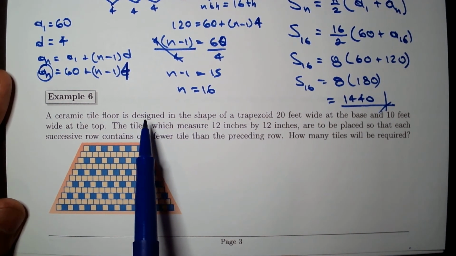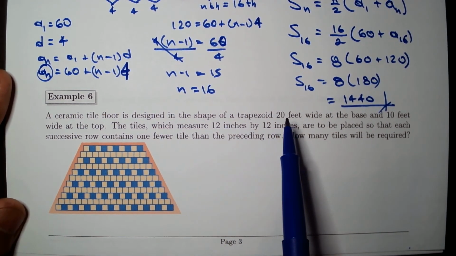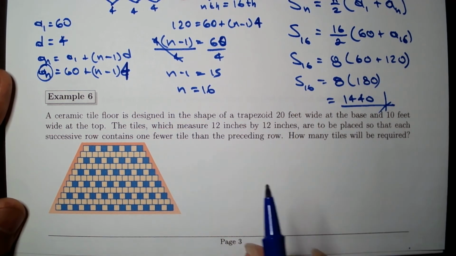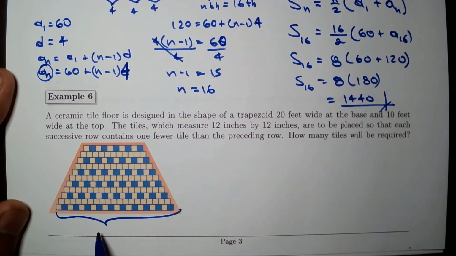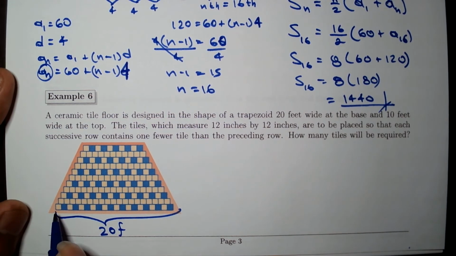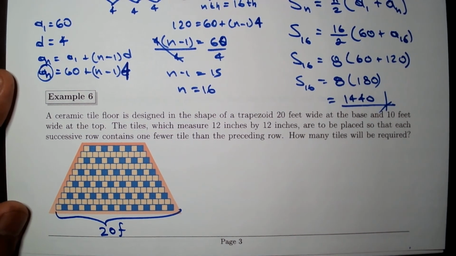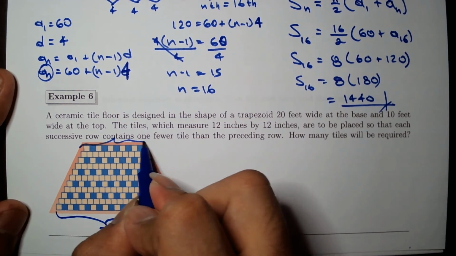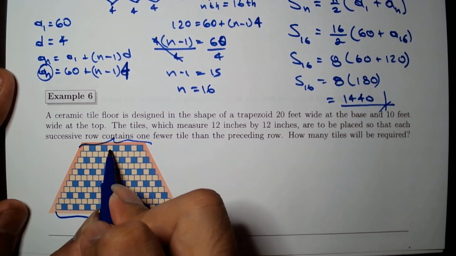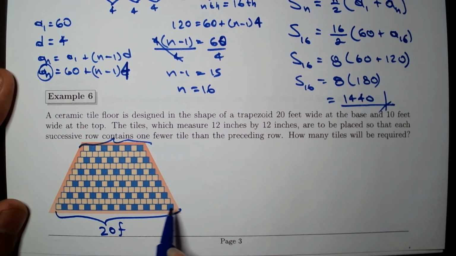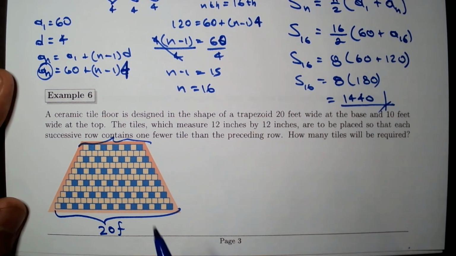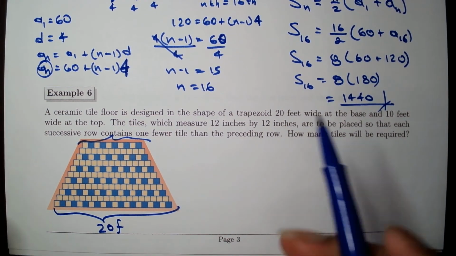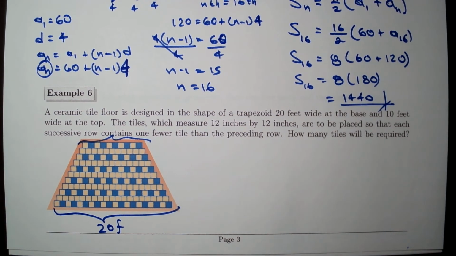A ceramic tile floor is designed in the shape of a trapezoid, 20 feet wide at the base. All right, so that's 20 feet, or 20 squares, and 10 feet at the top. So in this case, there's 10 squares, 1, 2, 3, 4, 5, 6, 7, 8, 9, 10, and then there's 20 here. The tiles measure 12 by 12, but the area of each tile doesn't matter.